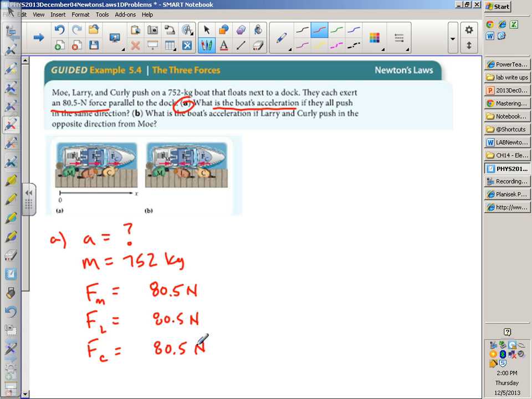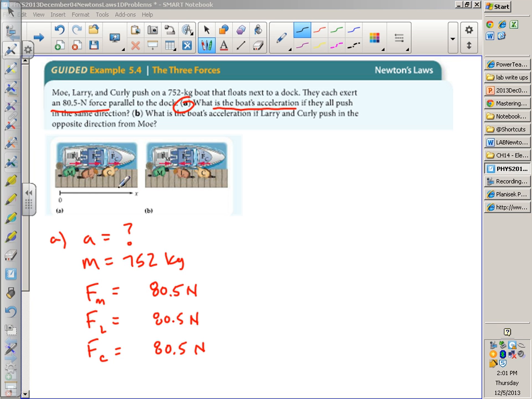But earlier in the period and earlier this week, we introduced the idea that force is a vector quantity, right? Meaning that it has to have what? Direction along with that magnitude. Underneath the picture, they set up a frame of reference. They called the back of the boat the 0 point, and then they put an arrow facing towards the right.